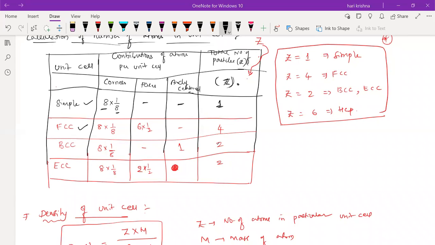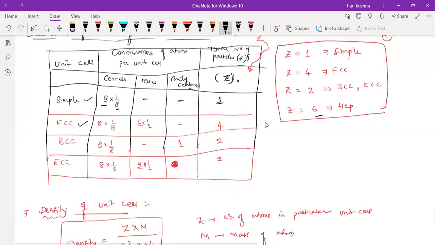What is the Z value in the case of HCP? It is 6. Okay. The Z value in the case of HCP is 6 because these Z values are very important in the calculation of density of solids. There we use this Z value.